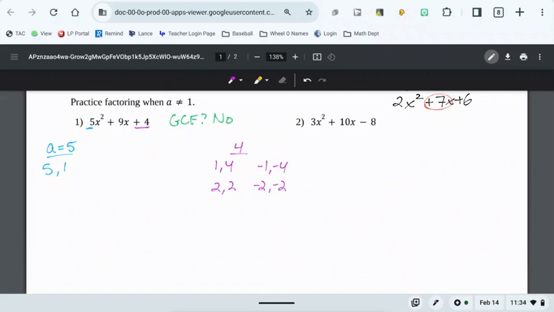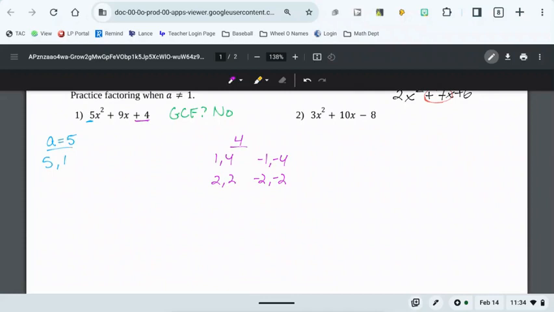So I just want to stress we need to guess and check. We can no longer go through the method of which of our factors of C are going to add to that middle term B. We can no longer do that when A does not equal 1. We have to use this guess and check method.